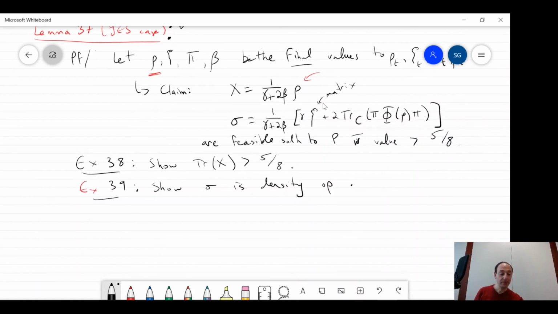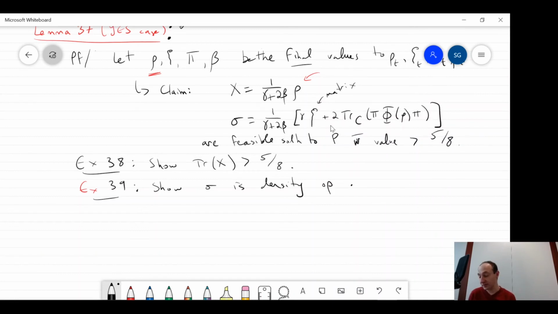How do you prove it's positive? Well, it's a sum of two operators. This one is positive by construction, it was a density operator. And this one was positive, and then we pushed it through this map, which was a conjugation, then we conjugated by pi, and took a partial trace. All these preserve positivity, and the sum of two positive operators is positive. Intuitively, that's how you should go about proving that.